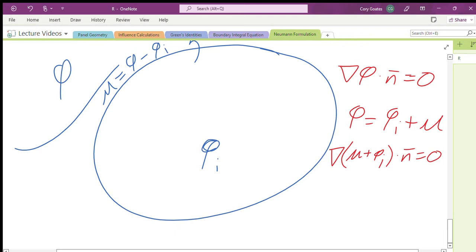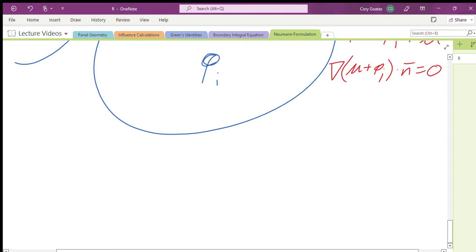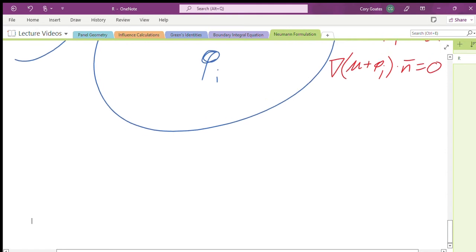And you're like, all right. What does that have to do with the fact that my matrix is singular? Okay, well, let's talk about what phi sub I has to be in this case. Well, if you'll remember, and we're going to have to go back to what we know about sources. Again, sources aren't here, but it's important that they're not here.